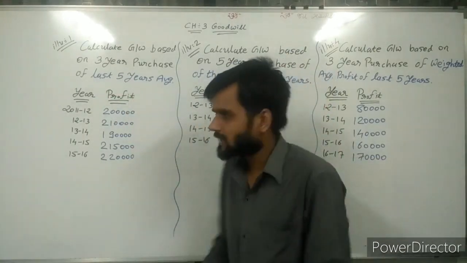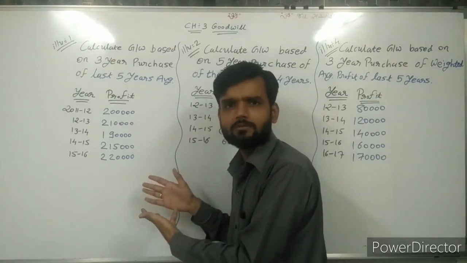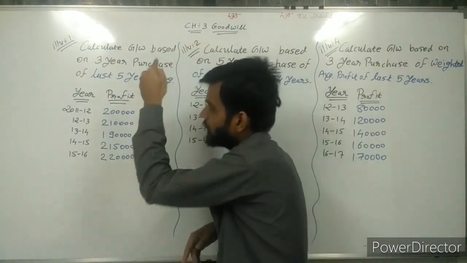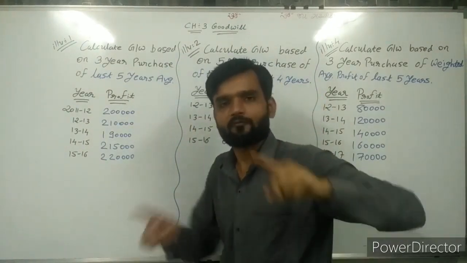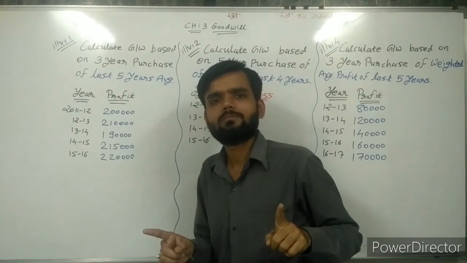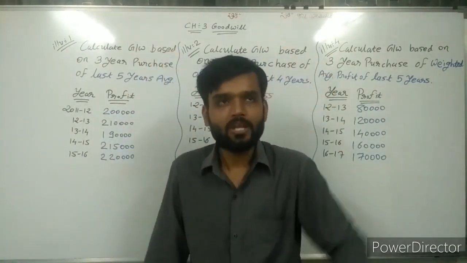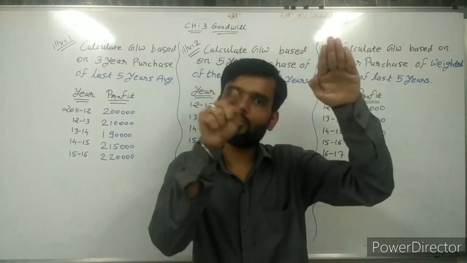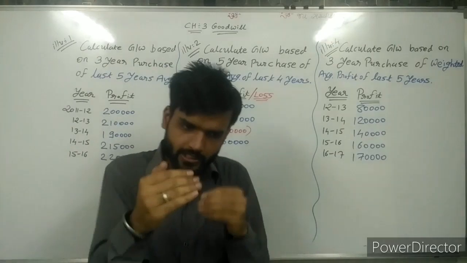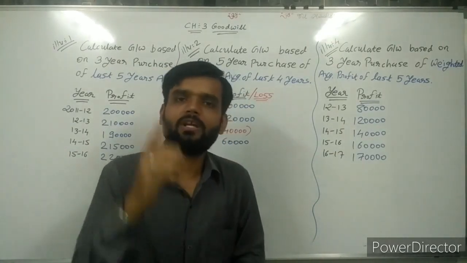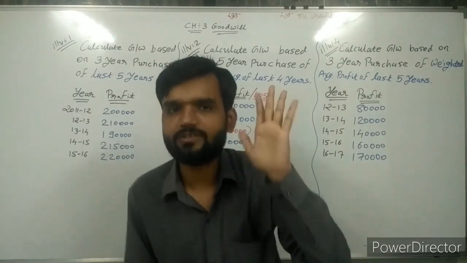All of you know, sir, how we can give weight? Even if there is no stability of the profit, if it is given in the question, you have to give weight. If it is not given, then apply your logic. If profit increases, give weight. If profit is not stable, with increase and decrease in the profit, then don't give weight.